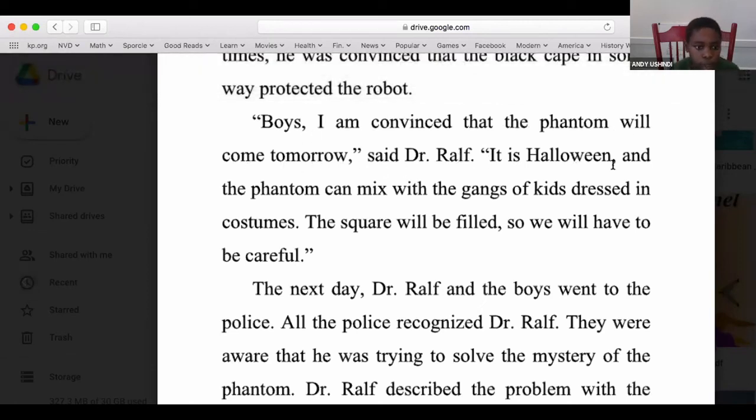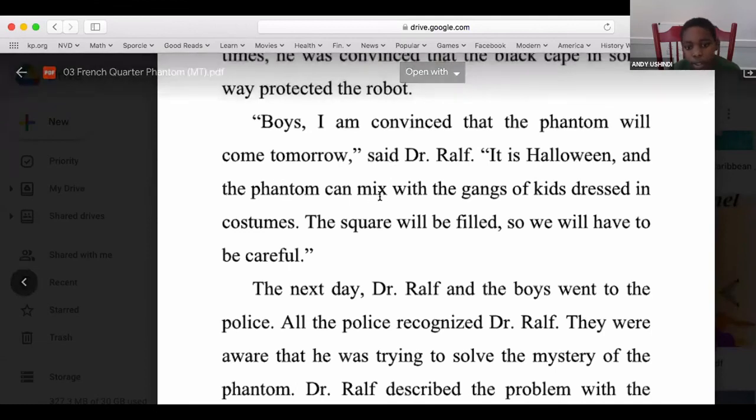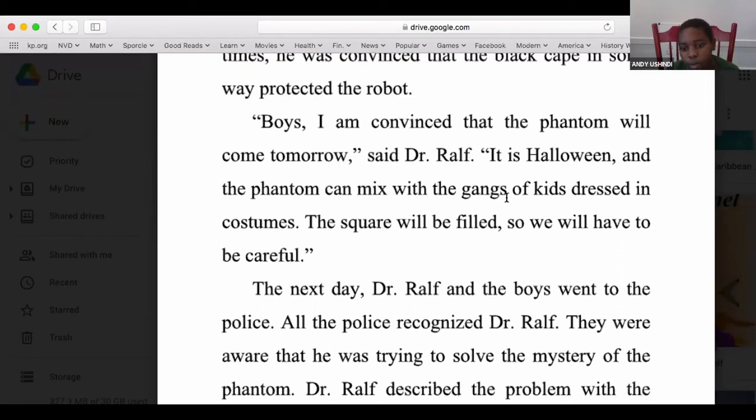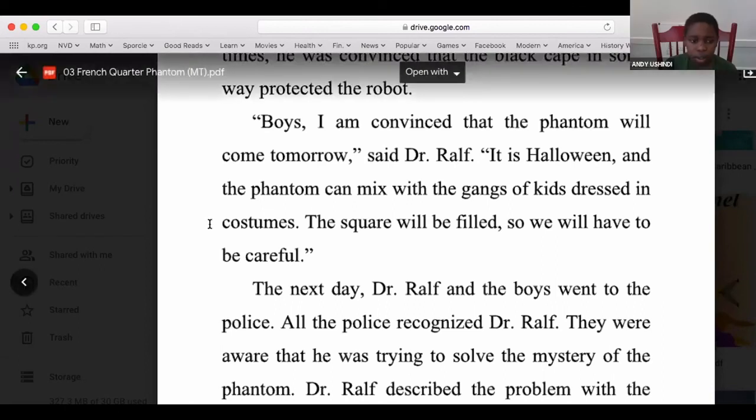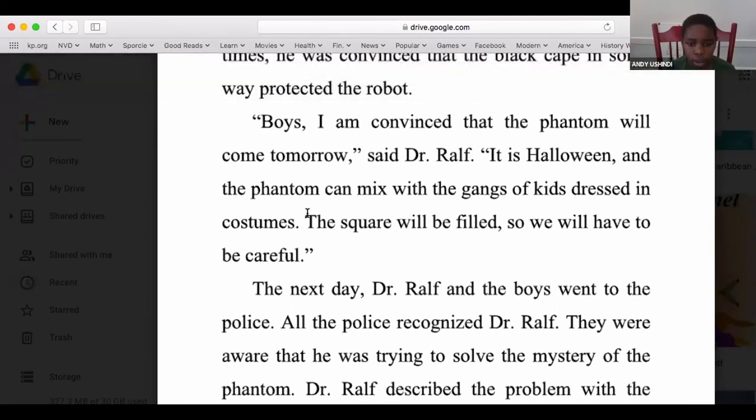It is Halloween and the phantom can mix with the gangs of kids dressed in costumes and school. Go back here. What's that? The square will be filled, so we will have to be careful.